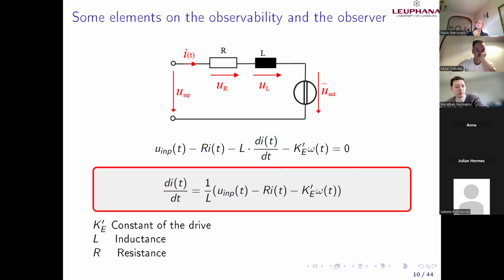Because if you remember from some courses in electrotechnics, the electromagnetic energy in a coil, which is characterized by inductance L, is one half of L multiplied by current squared. The current reflects directly the electromagnetic energy, which we can see here in this balance, plays an extremely important role. It changes.